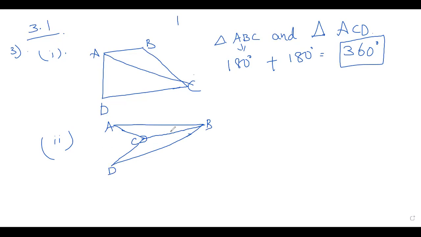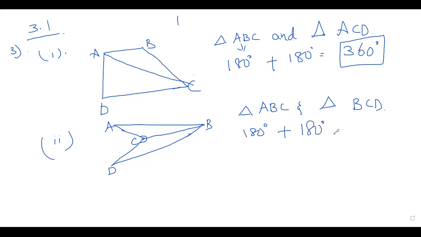Okay, children. Now, which are the triangles here? Two triangles, triangle ABC and triangle BCD. So here also in each triangle we have three angles, right? So what is the sum of three angles of triangle ABC here? It is 180 degree plus what is the sum of all the angles of triangle BCD?